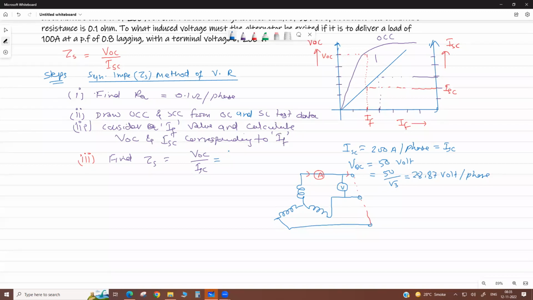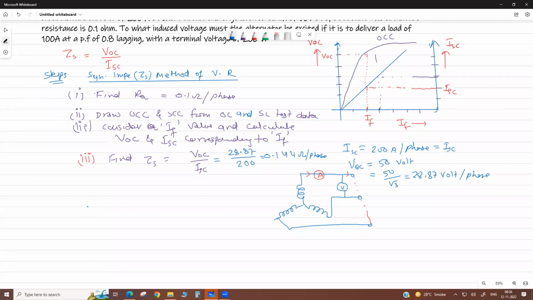So this is 288.7 divided by the short circuit current, which is 200 ampere. What impedance will come? My dear, it comes 0.144 ohm per phase.